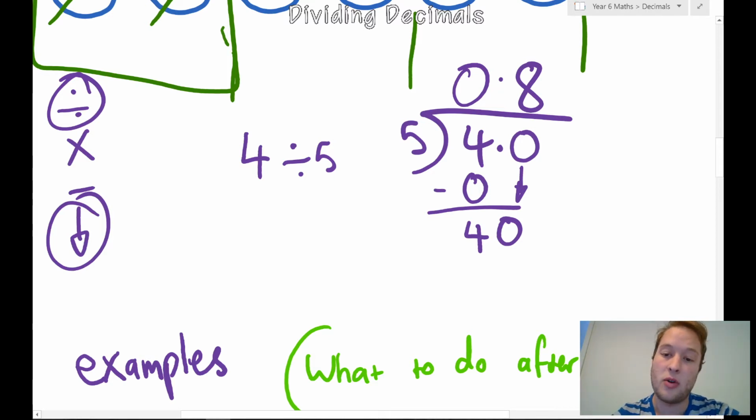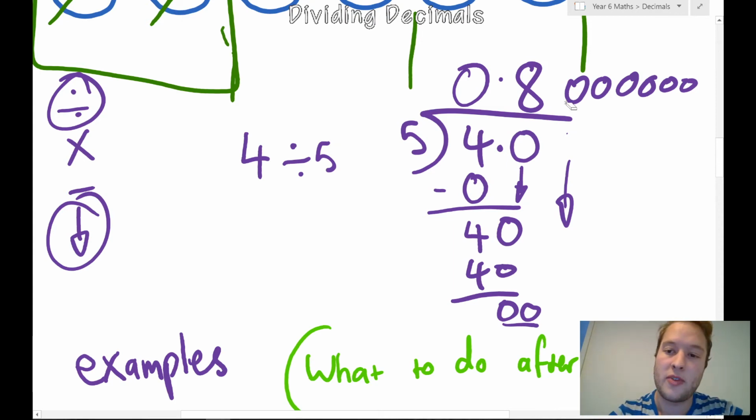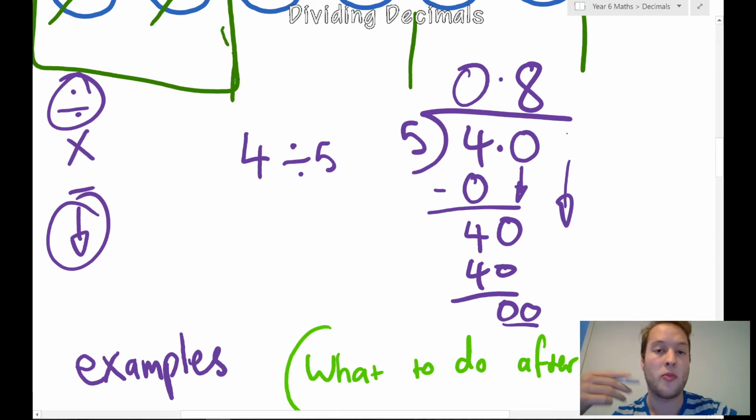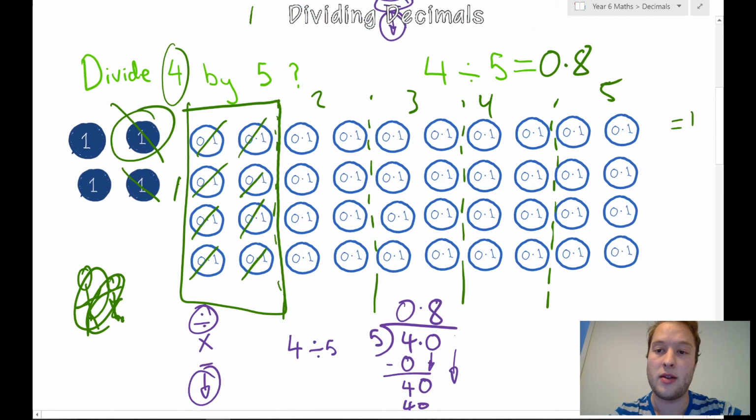And then I could do the times and minus and arrow again, but I'm going to get 0 left over, and there's nothing here to bring down, and there's no point me going 5 into 0 because it's going to be 0, so my answer is going to be an infinite amount of zeros after here, so I can just stop, right? So you just stop when it's going to be repeated. So my answer is 0.8, and that's what we had up at the top, 0.8.